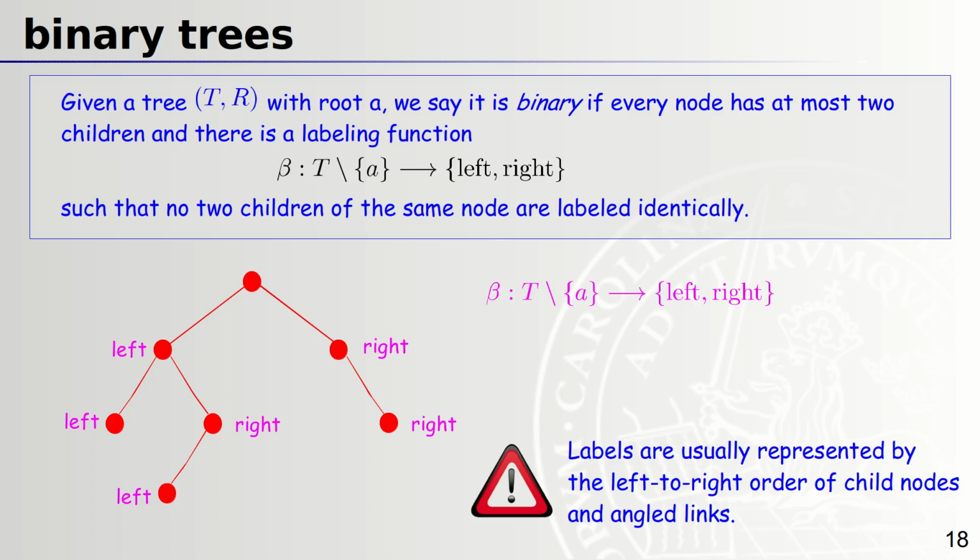As is the case with ordered trees, the visual representation of leftness and rightness of children usually happens through placing them left or right of the parent node. This again makes it impossible to know whether the child placement carries meaning or not by just looking at the graph. So again, make sure you communicate this unambiguously when you use this kind of representation in your writing or in a presentation.